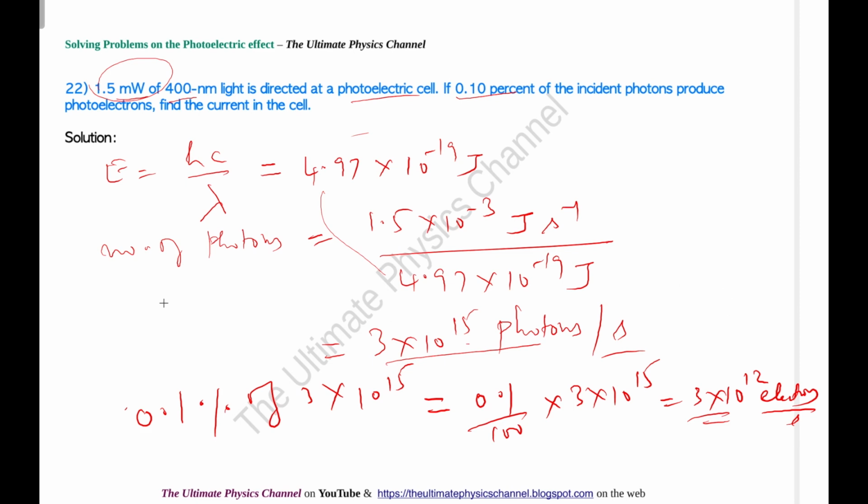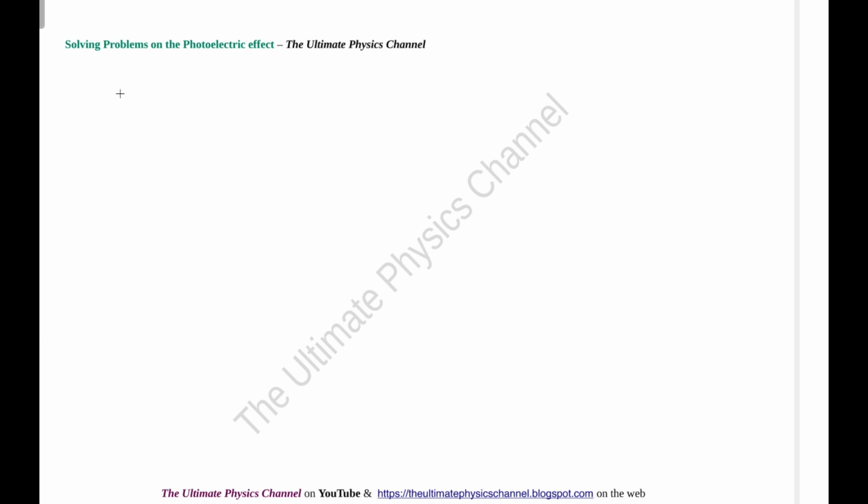So these are the number of electrons flowing in the circuit per second, and therefore we know that the current, whatever the current is being asked, is charge over time, the rate at which charge flows. The charge that flows can be calculated, because that is the number of electrons over a given time.